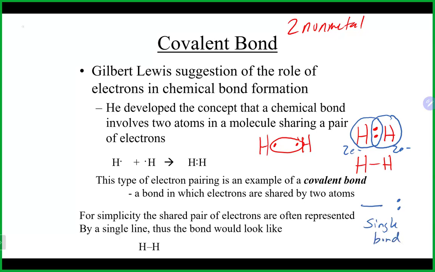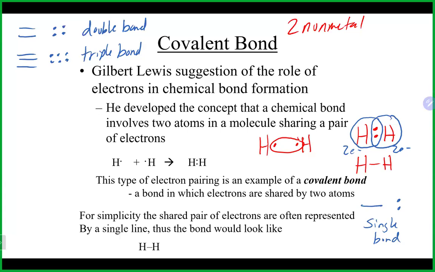We also, as we will see in a later slide, can have 2 lines that represent 4 total electrons or 2 pairs, and that's a double bond. And we could also have 3 lines, which is representative of 6 total electrons or 3 electron pairs, which will be a triple bond. In certain situations, sometimes you just need single bonds to make everybody happy.